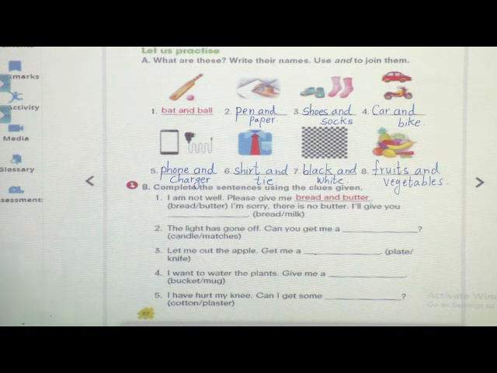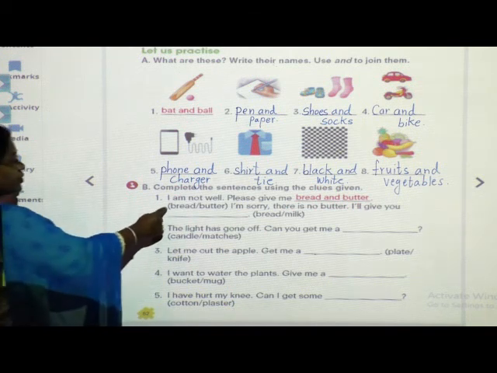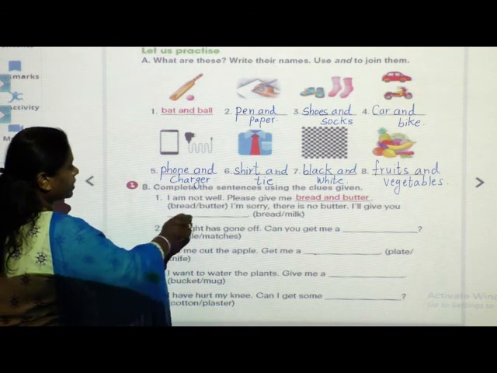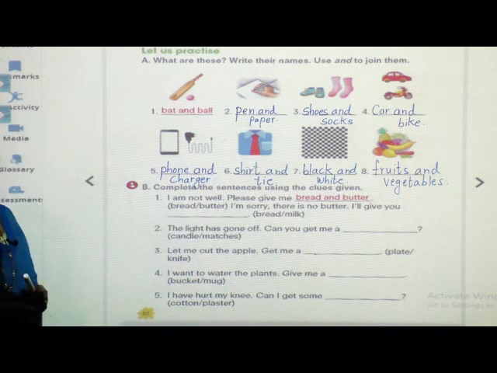Now we will go to B1. Complete the sentences using the conjunction given. The first one, I am not well. Please give me bread and butter. In the bracket, the options are given to you, children. Bread, butter.